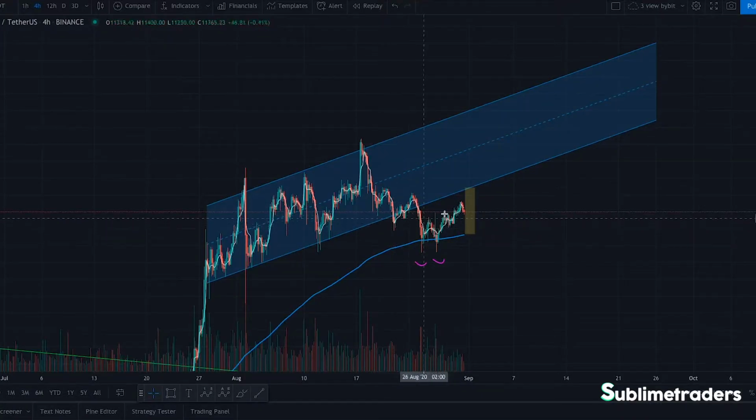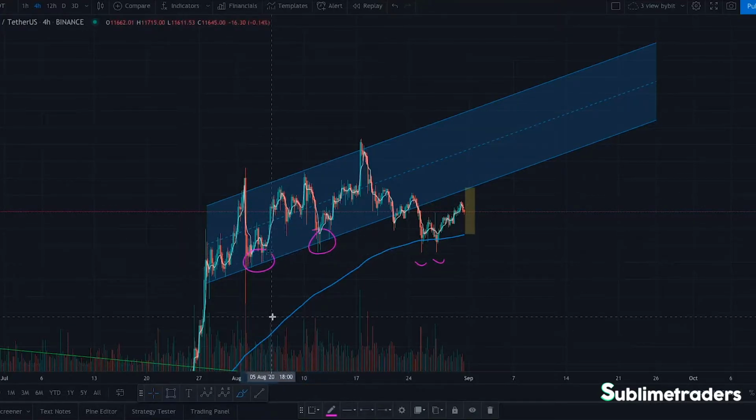Let's see if we can find a pattern repeating in this chart. What we can do to find a pattern in this chart right now is to find a double bottom or something similar that happened recently, and I already see similar patterns here and here, and both of the times they ended up going up after small retraces.